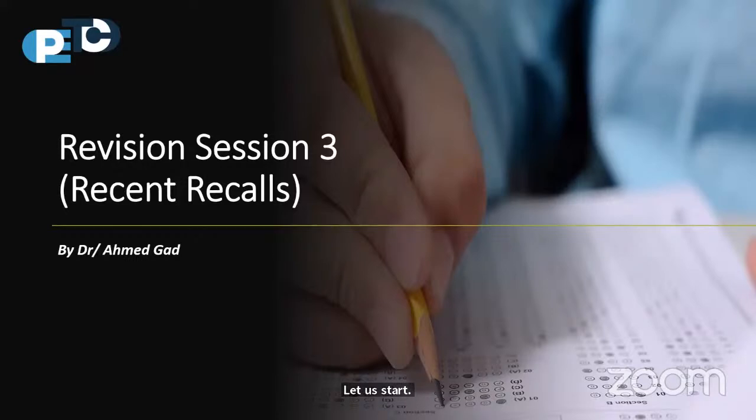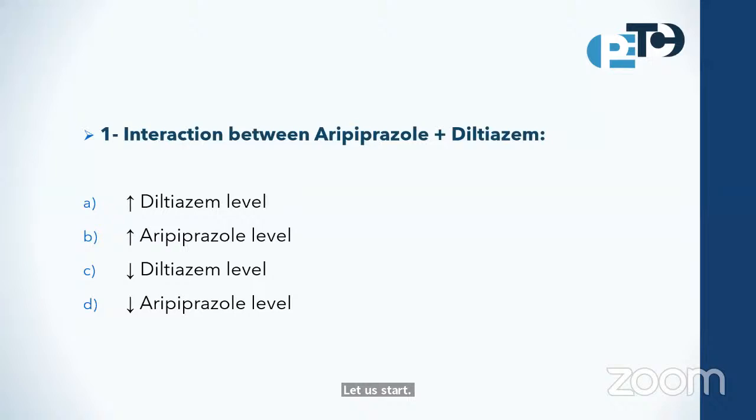The first question today: the interaction between aripiprazole and diltiazem. How can we solve any question like this, even if we don't know the interaction? Here we have a substance that inhibits the cytochromes.